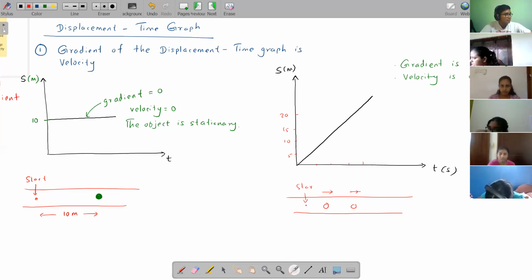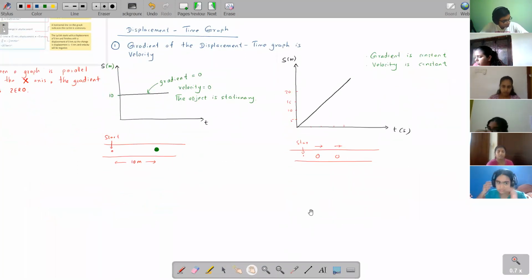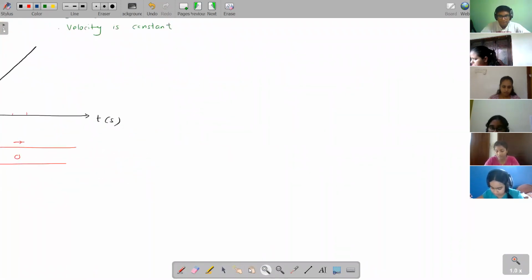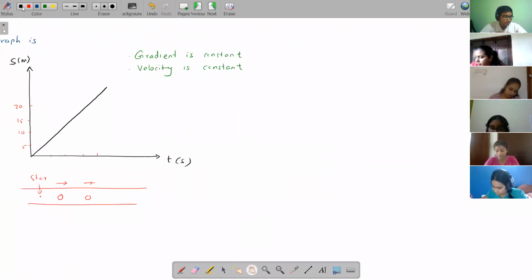Okay, then shall we go for the next graph? What if I give you a graph that looks a little bit weird like this? Let me give you a different type of graph.